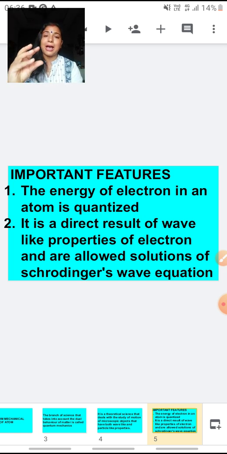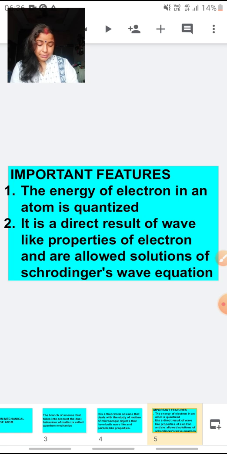It will have a quantized amount of energy, and the other electrons will have a multiple of that quantized amount of energy. We can also say that the energy of electron in an atom is quantized, that is, it can have only a specific value. For example, electrons are bonded to the nucleus in an atom.